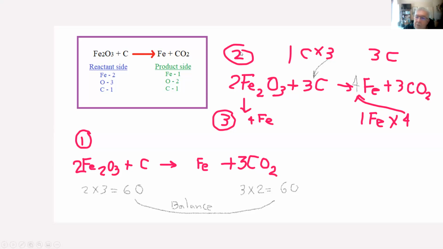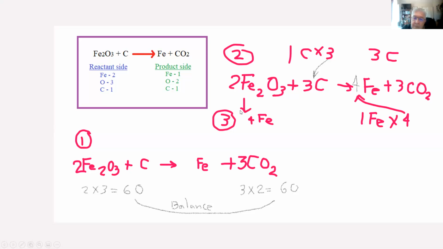Let's go to step 2. In this case, you have 1 carbon here and 3 carbon here. So what you have to do is write a 3 here in front, and now you will have 3 carbon and 3 carbon.